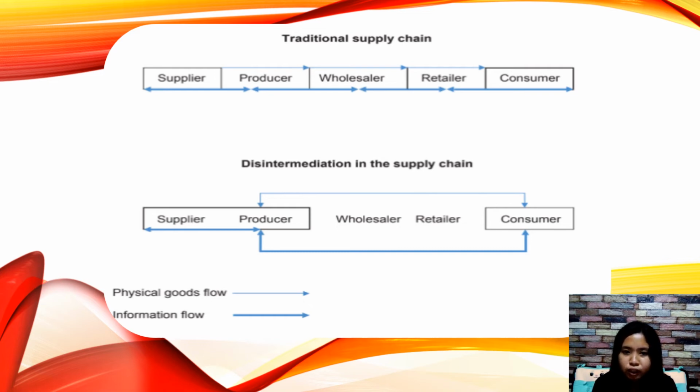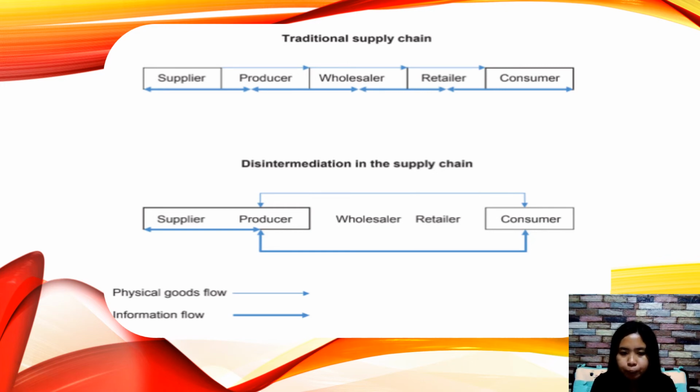While sa disintermediation, supplier, producer to diretso na sa consumer. No intermediaries needed. And the flow of information sa traditional supply chain, supplier, producer, wholesaler, retailer, consumer. So they give and receive feedbacks on each other. While sa disintermediation, producer diretso sa consumer and consumer to producer.